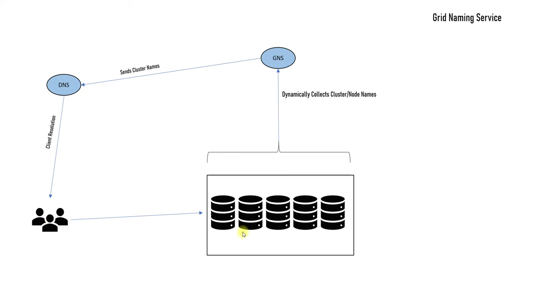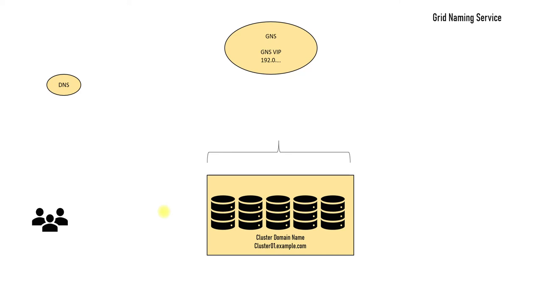That's how the clients are able to connect. Information is sent from GNS to DNS to finally the users, and then the users have the information. Now they don't have to go back to DNS; they can directly connect to the specific node. We will elaborate on this picture in more detail.